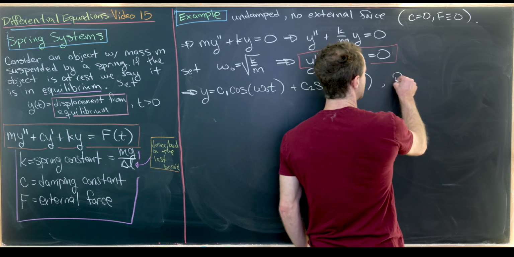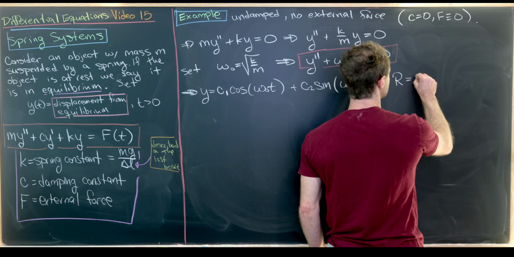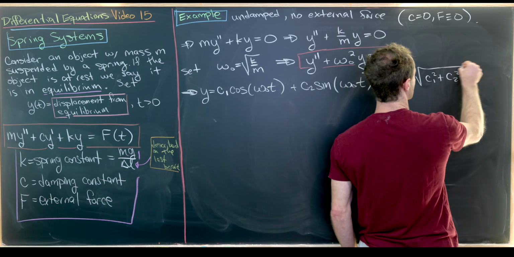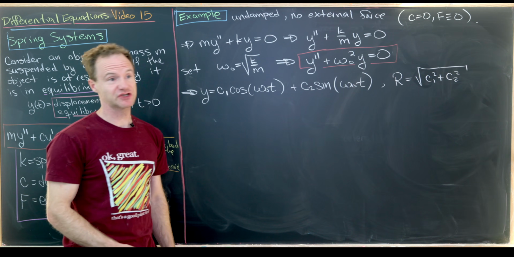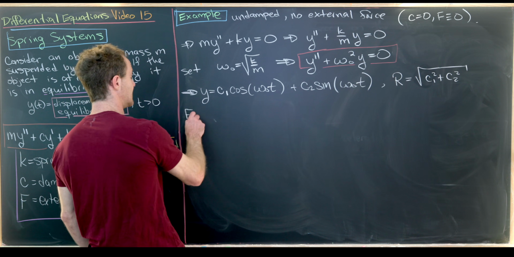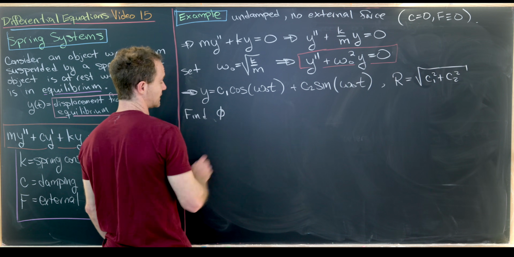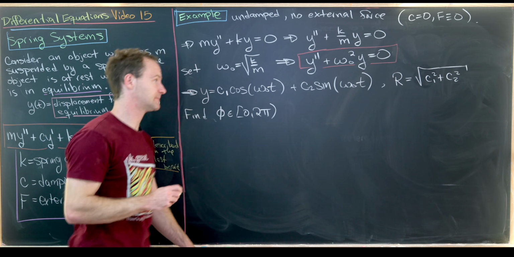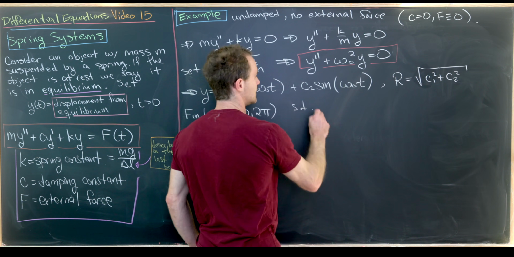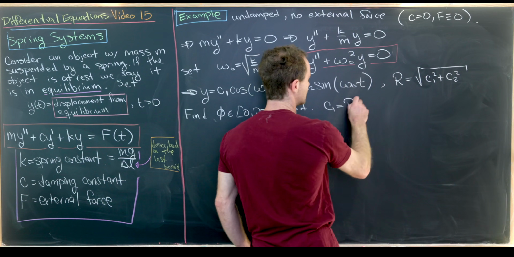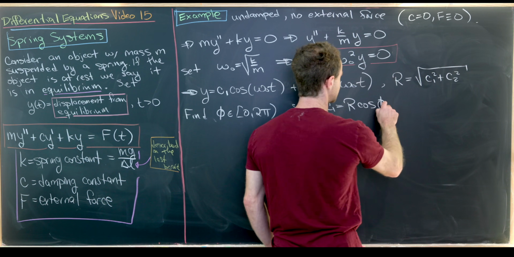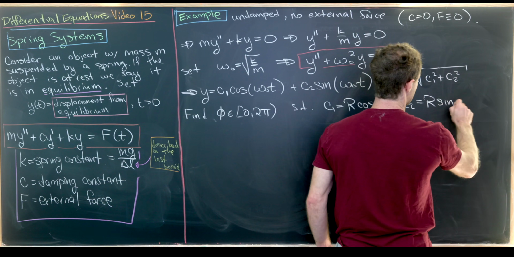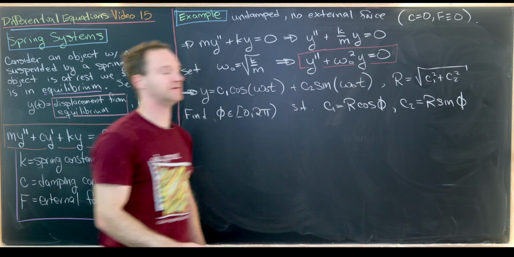But that's going to involve building some more notation. So let's set a number capital R equal to the square root of c1 squared plus c2 squared. And then with that definition, we can find an angle phi, maybe from 0 to 2 pi, such that we have c1 equals r times cosine of phi, and c2 is equal to r times sine of phi.